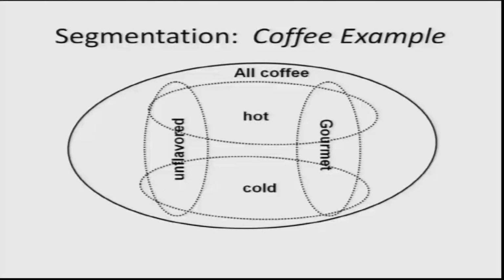Or for example, you can have coffee. You can have hot coffee, cold coffee, you can have unflavored coffee focusing mainly on the raw coffee appeal, or you can have different kinds of gourmet coffees where coffee will be mixed with hazelnut and so on. Now, you can see here that these segments are definable, they may have overlaps, they may not have overlaps.